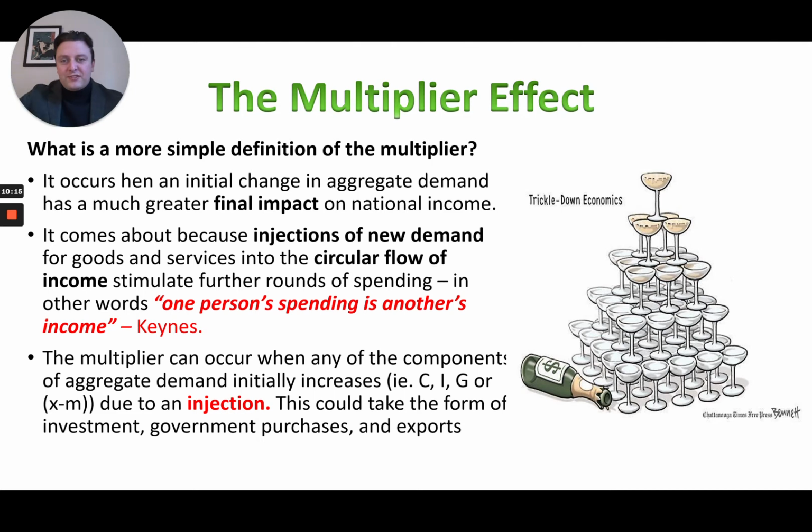They will buy extra goods, and then it'll kind of have this ripple effect on the economy. So it's used to justify a whole range of different policies. So the multiplier can affect when any increase in the components of aggregate demand initially increases due to an injection, such as government spending, investments, or an increase in exports.